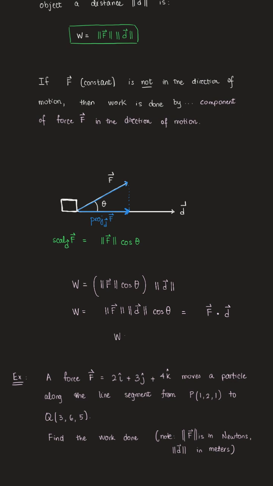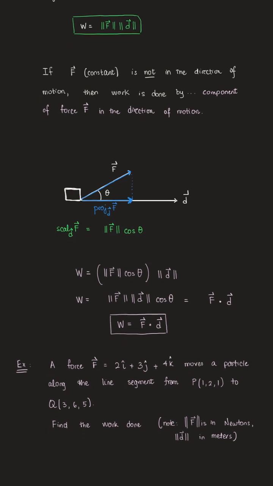So work is defined as the dot product of F and D, where D is the direction vector, the direction of motion, so the distance in which we move the object. Okay, this is going to come in handy later in the semester also when we talk about work done by vector fields.